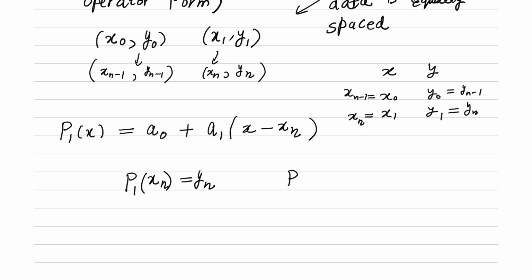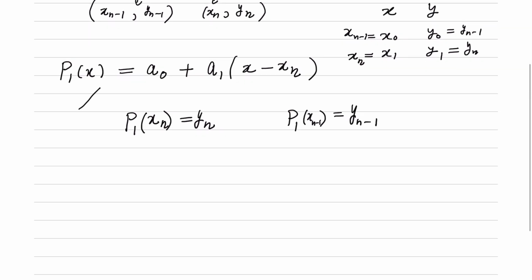If in the place of x in the polynomial p1 of x, I plug xn minus 1, I must get yn minus 1. It's like verifying conditions on these 2 points. Let's call this Newton's polynomial of degree 1 equation 1.